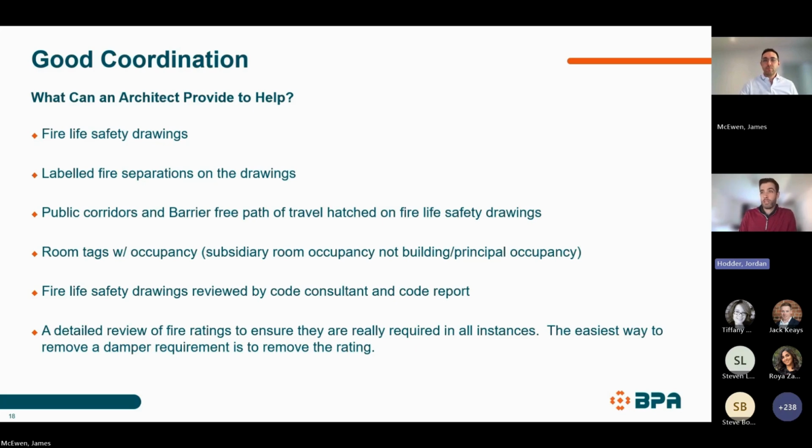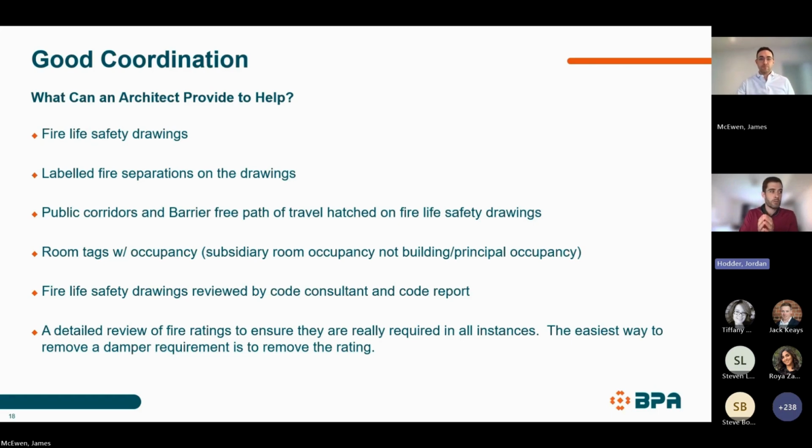So good coordination, what is that? What can an architect provide to help? James mentioned a number of these. We're going to show some examples in some following slides. But fire life safety drawings, labeled separations, public corridors, having those hatched would be awesome for our teams. Having the room occupancies, so the subsidiary room occupancy, not the building principal occupancy, but the subsidiary room occupancy.